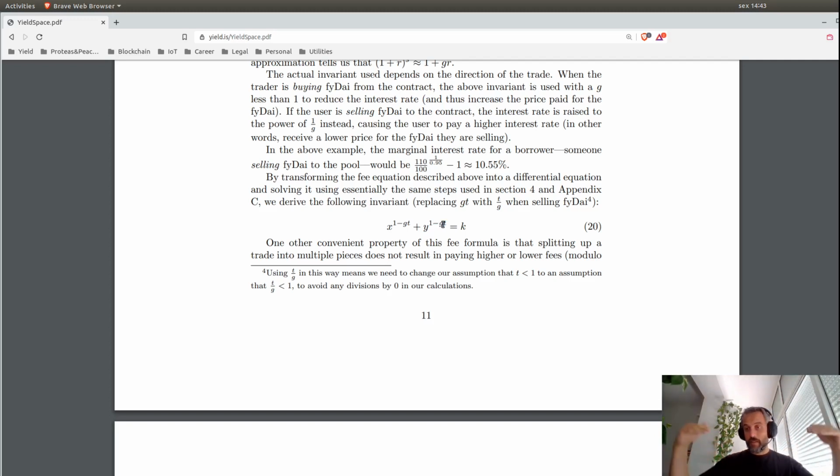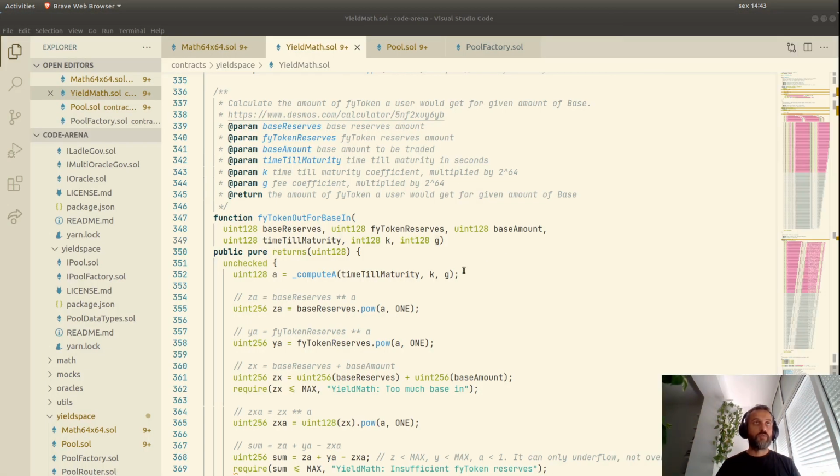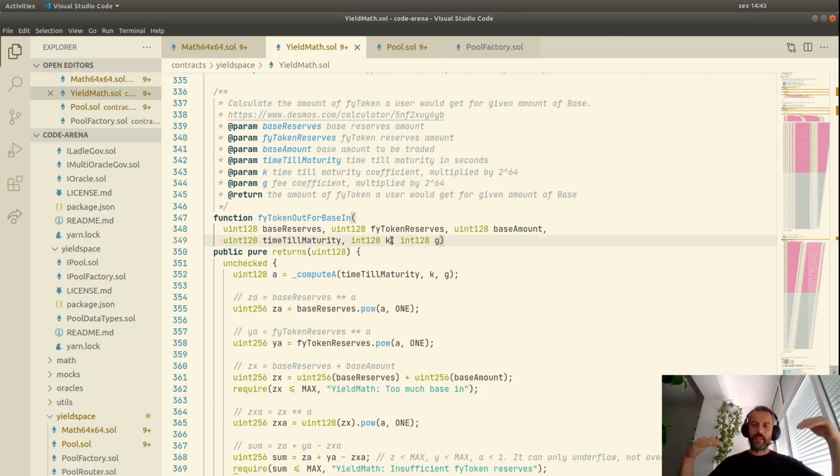How big the fees are is determined by G. So when we calculate the formula, this will determine the fee, this multiplied by the time to maturity, and this will be the invariant that will determine, I think, the convexity of the curve, but ask Dan, don't ask me.